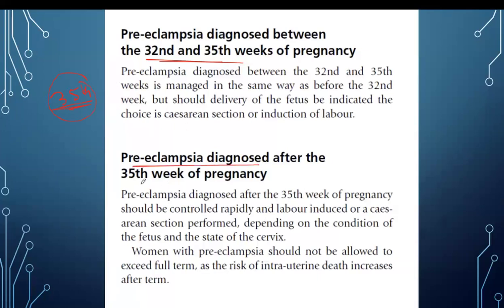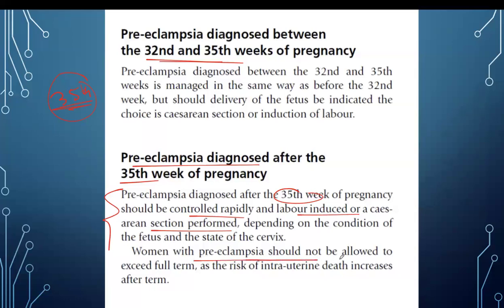What about preeclampsia diagnosed after 35 weeks? For these patients, you can actually go for delivery. Preeclampsia diagnosed after 35 weeks should be controlled rapidly, with labor induced or C-section performed depending on the condition of the baby and the cervix.